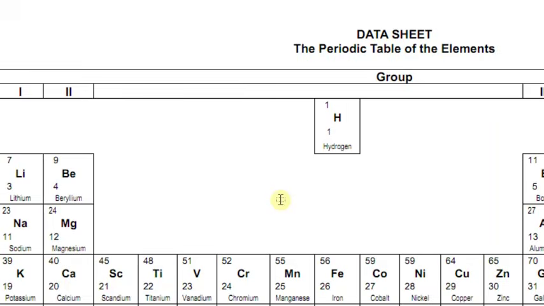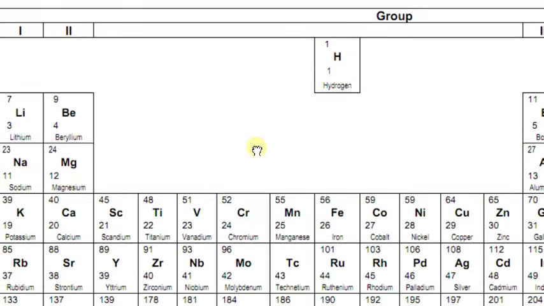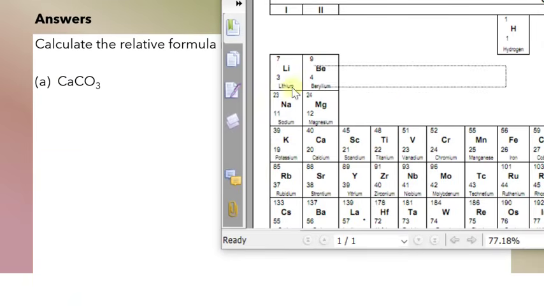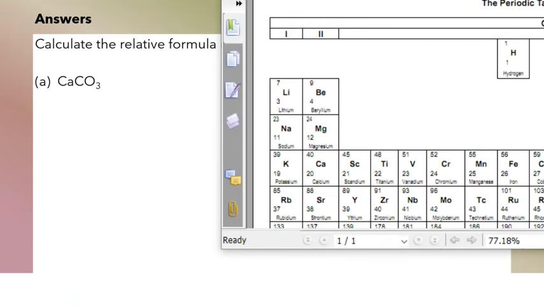If I look at this part of the periodic table, it has this number here. It has this as the atom, this number here is what we call the relative atomic mass, and this is the atomic number. Like for chlorine, this is what we found on chlorine when we did the calculation.